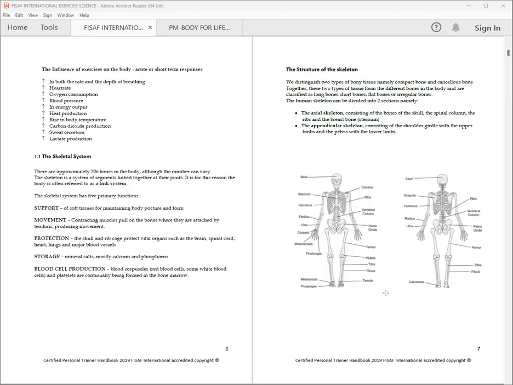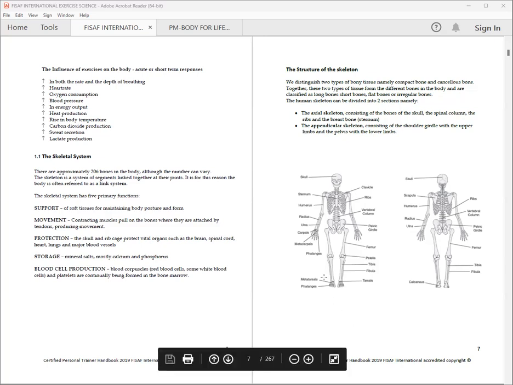I think that's cool. Okay, so we talked about the 5 primary functions of your skeleton system. This you need to know for your exam. We went through the difference between the different bones. Okay, so we talked about that.